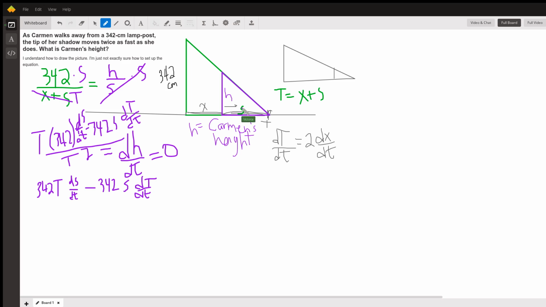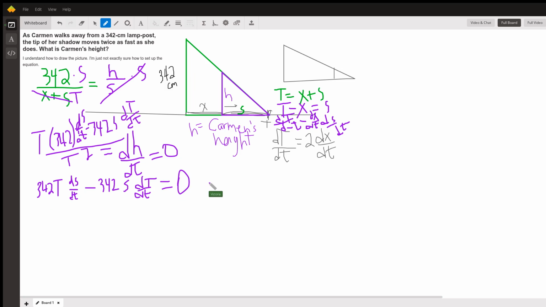Now, we never figured out s, but s is T minus x. And so, if I want to know what ds dt is, it's just dT dt minus dx dt. And we know about dT dt and dx dt. So, and that equals 0.